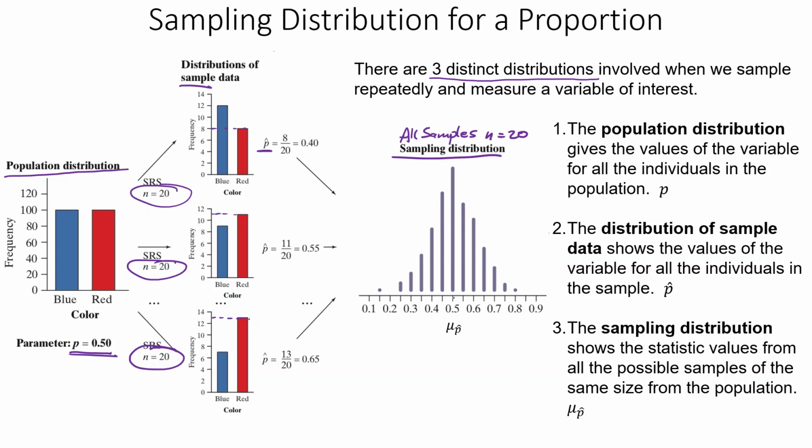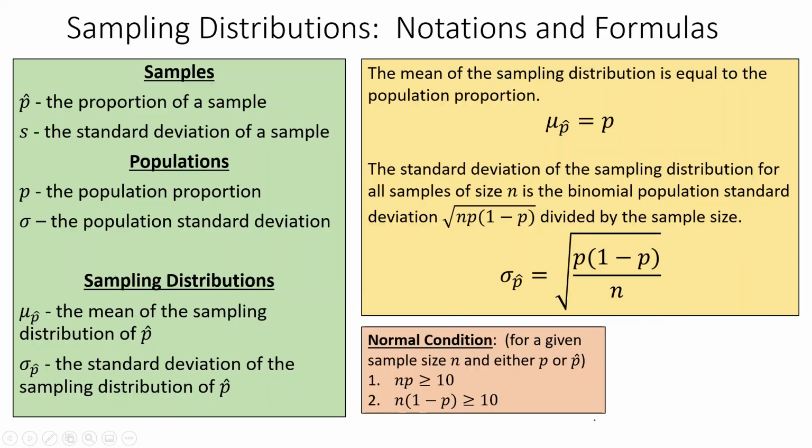Right in the middle, 0.5 is the mean of all the P hats, the mean of the sampling distribution. So we've got our population distribution with proportion P, our samples with proportions P hat, and then our sampling distribution with the mean of the P hats right in the middle.